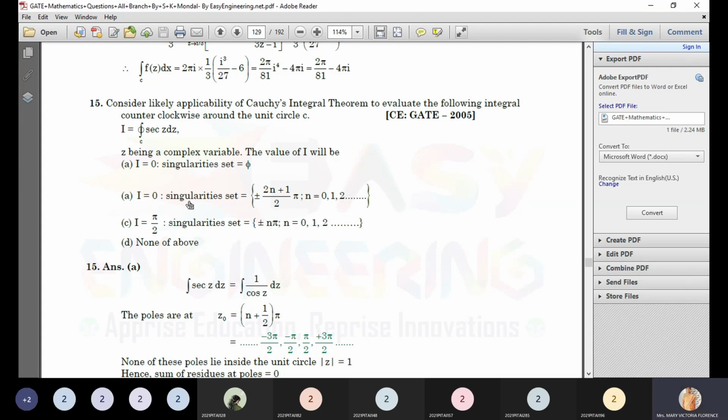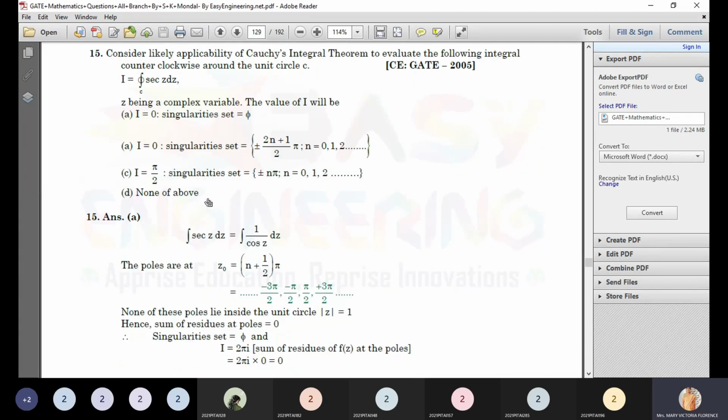Option B, I equal to 0, singularity set plus or minus (2n plus 1) by 2 pi, where n takes the values 0, 1, 2, etc. Option C, I equal to pi by 2, singularity set equal to plus or minus n pi, n equal to 0, 1, 2, etc. D, none of the above.